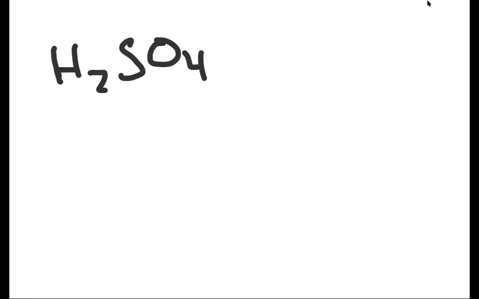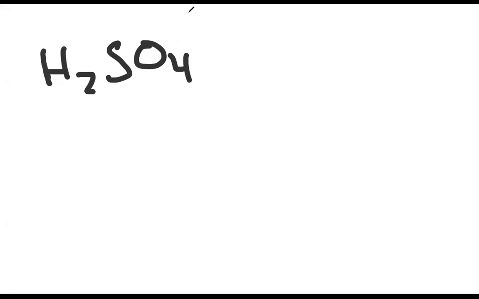So we should have a total of 8, right? 1, 2, 3, 4, 5, 6. And then you have to multiply it by the 4 on the oxygen. So that'll be 24 plus 2. So it's a total of 26 valence electrons.